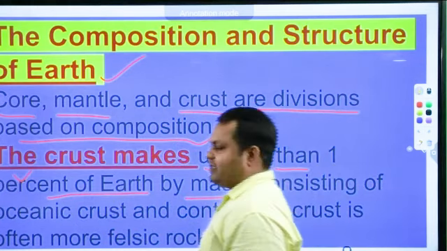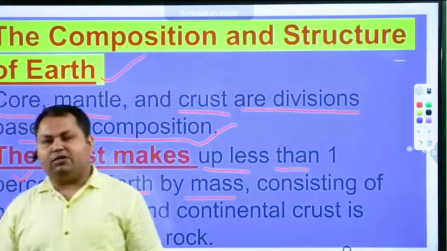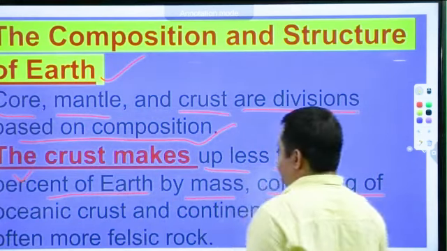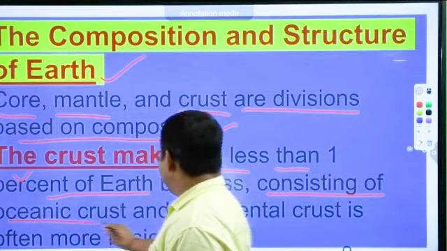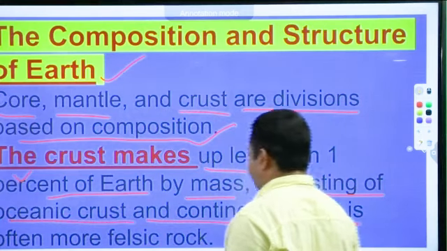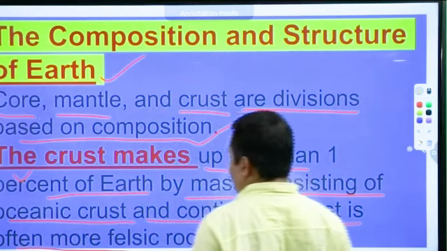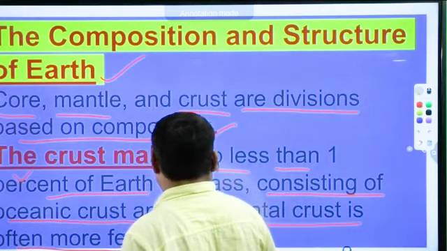In terms of mass, the Earth's crust consists of only 1% material, consisting of oceanic crust and the continental crust, which is often more felsic in rock.